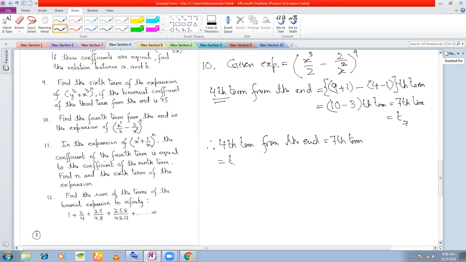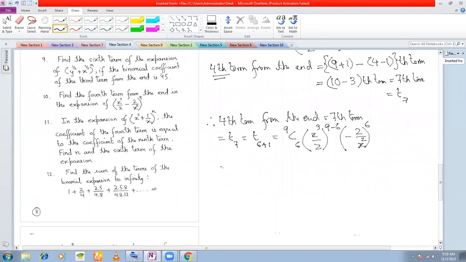T7 is T6 plus 1, so this is nCr a to the power of n minus r, where a here is x cubed by 2 to the power of 9 minus 6, into minus 2 by x squared to the power of r, which is 6.